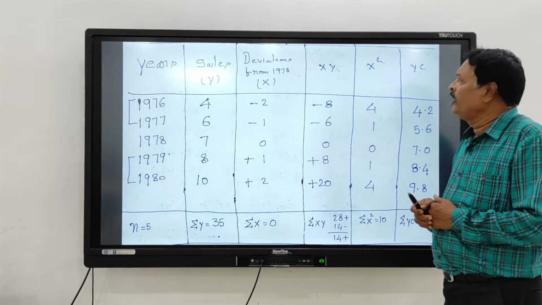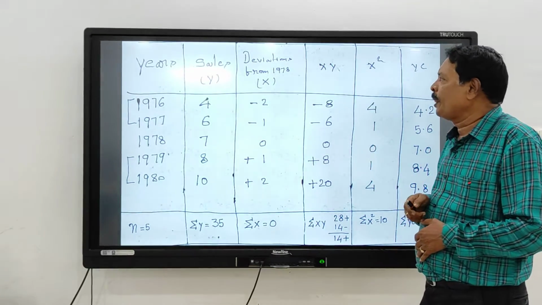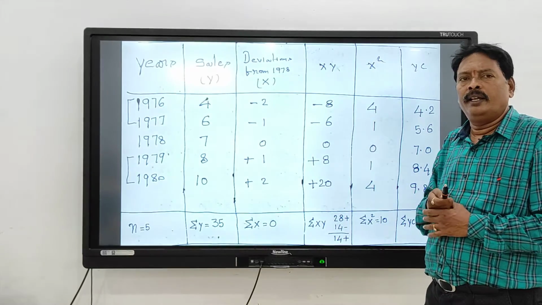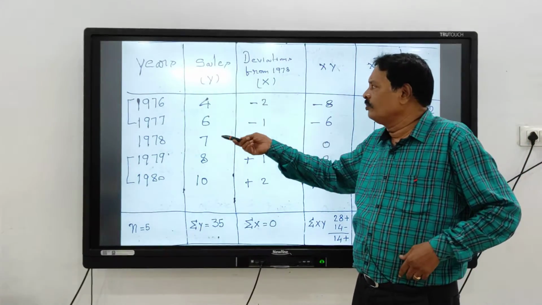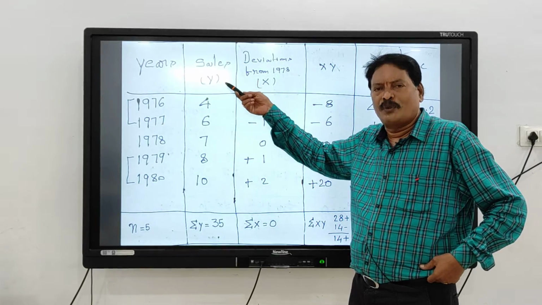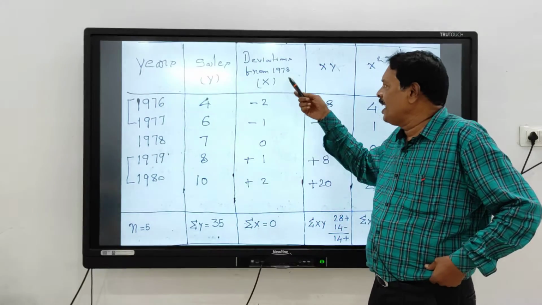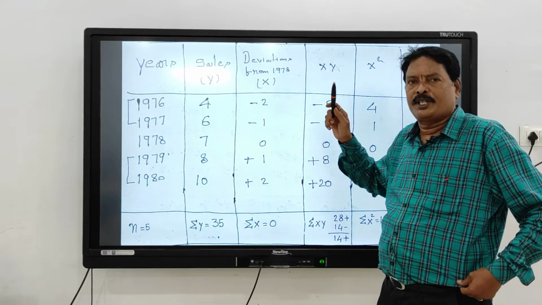And then the next step is to calculate xy. In the question paper, y values, the sales, are already given. Sales are called y, but x is calculated. This is nothing but the deviations.